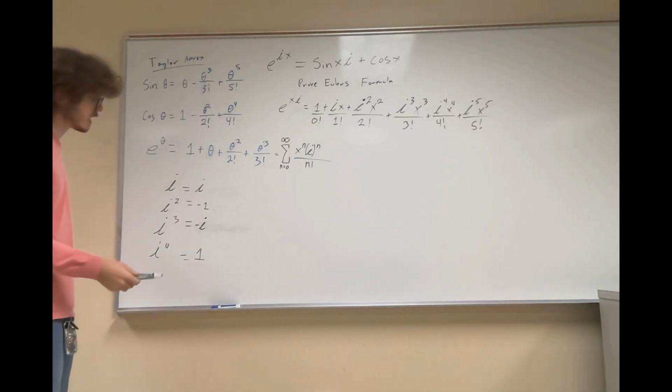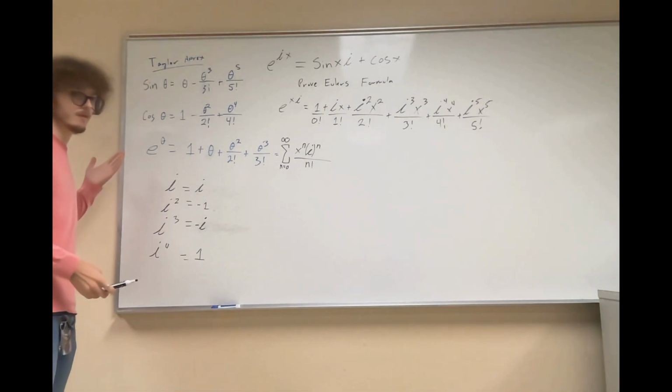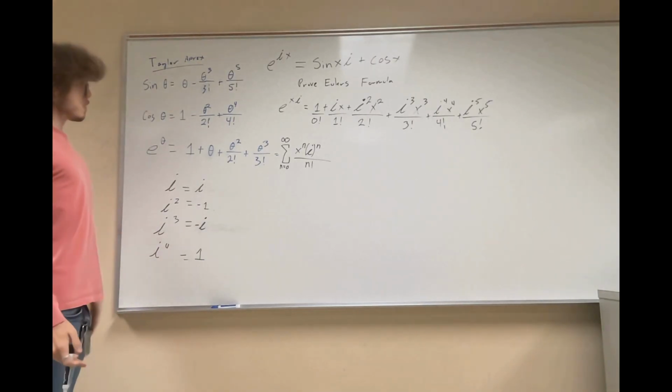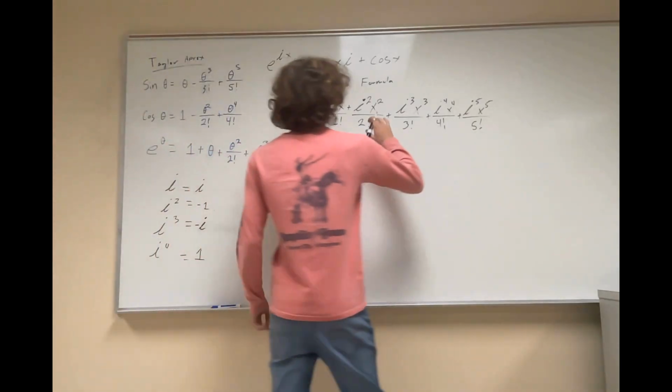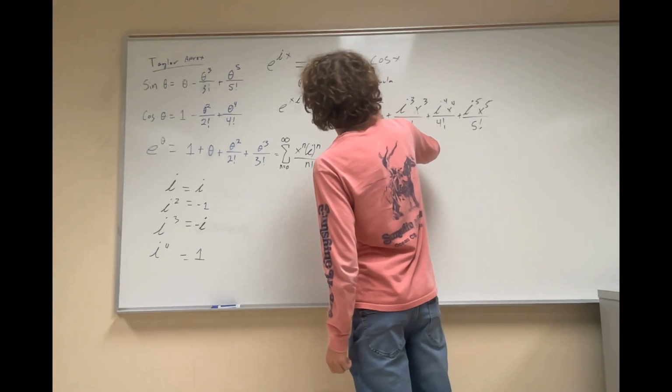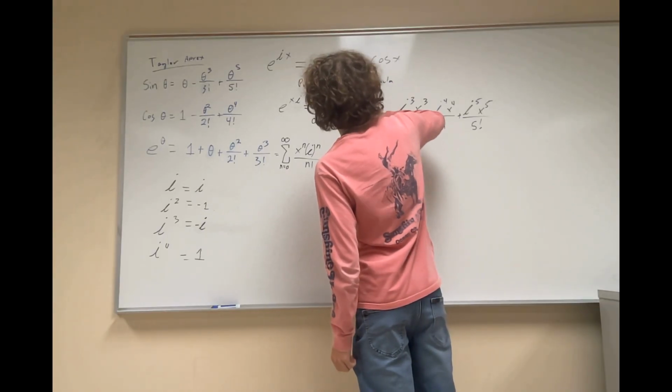I want to make some simplifications here, which will help us see some things. We're going to use this set of values where i is equal to i, and so on. So i squared we simplify to -1, so we're just going to add a minus sign here. I'm going to shorten these so I can fit it in.